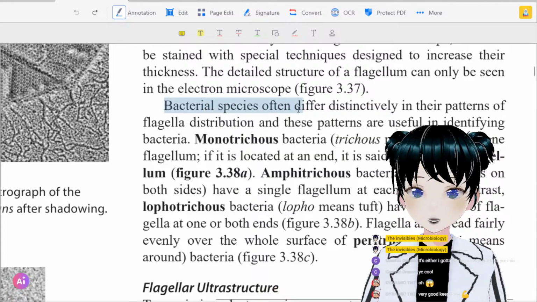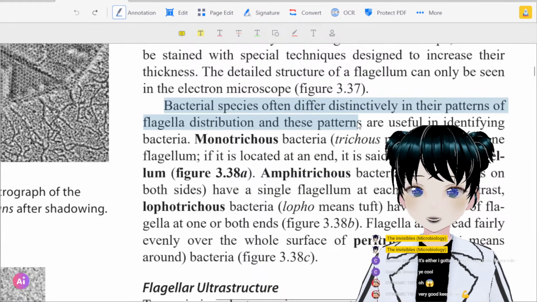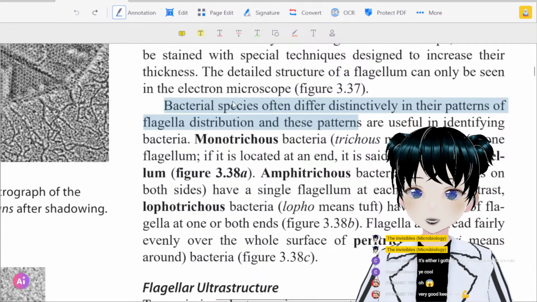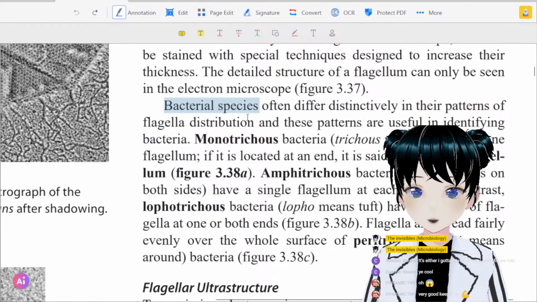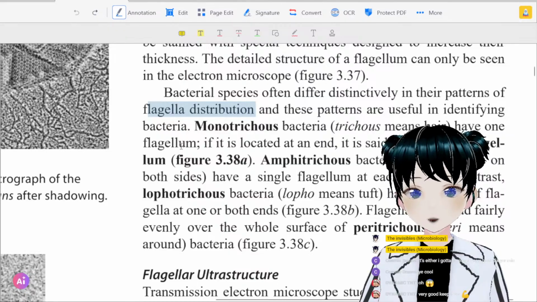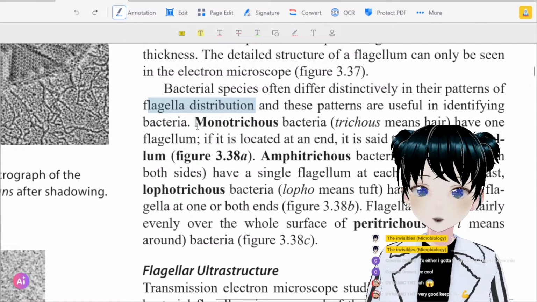Bacterial species often differ distinctly in their patterns of flagella distribution, and those patterns are useful in identifying bacteria. Like I said, if we know the distribution of the flagella, we can at least put them in different classes or families.